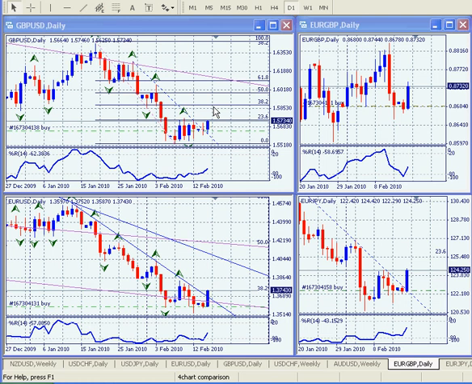However, it is more likely that it will have to retrace to this price level, although when it would achieve it would probably be in the next couple of days.